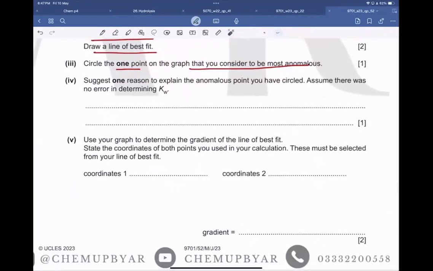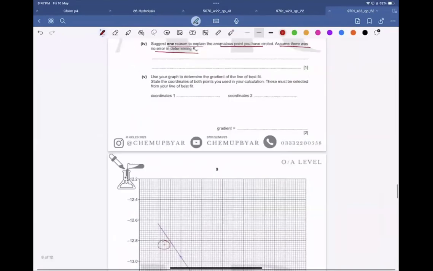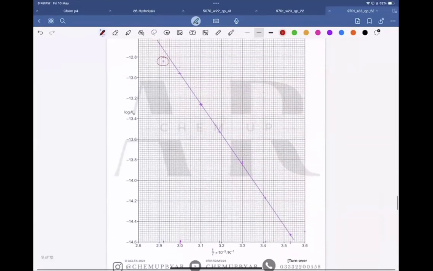Okay, now, just one reason to explain the anomalous point you have circled: assume that there was no error in determining Kw. It depends upon the marks.